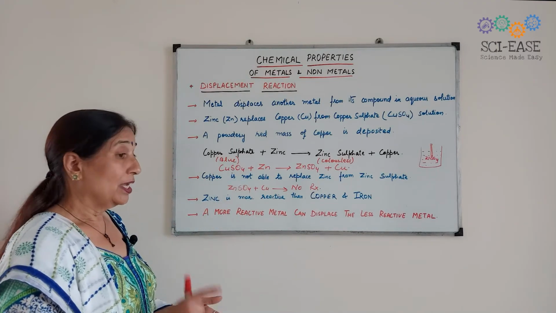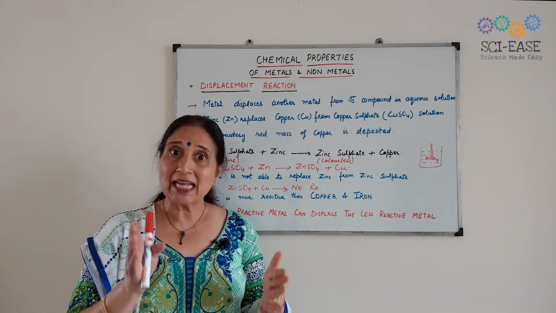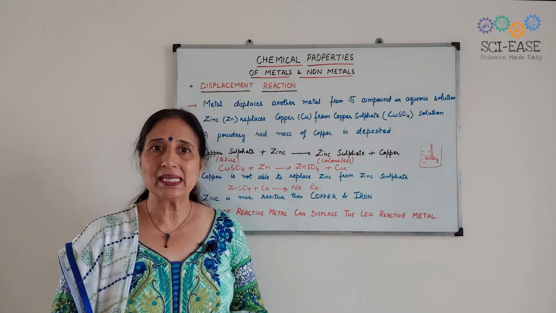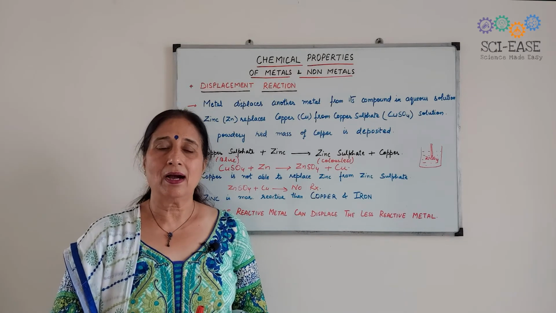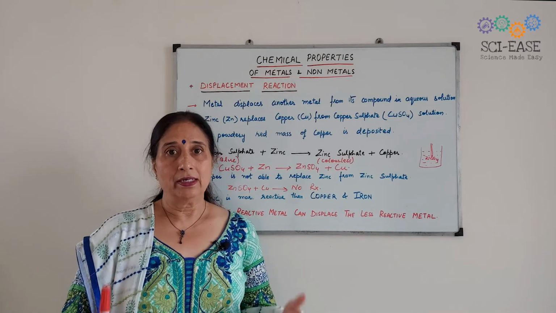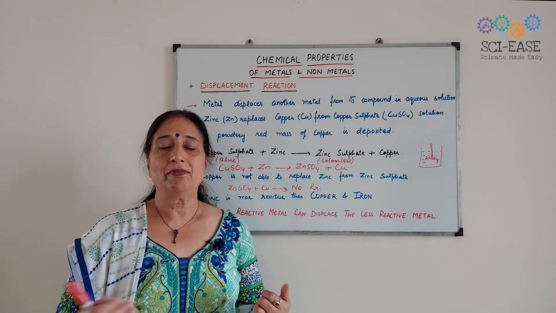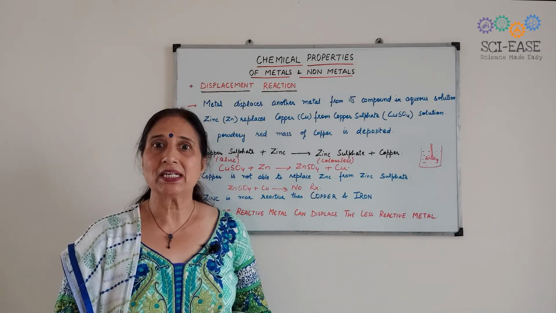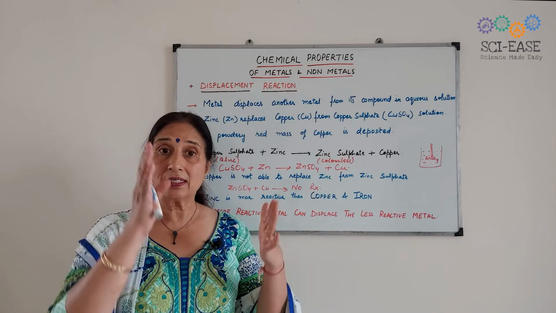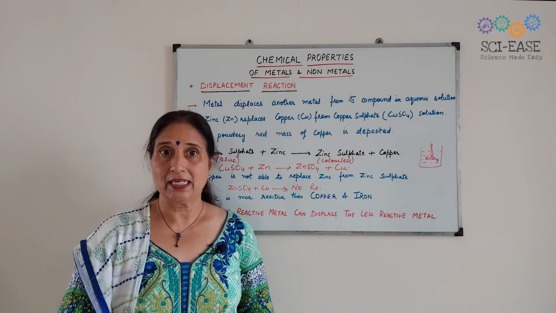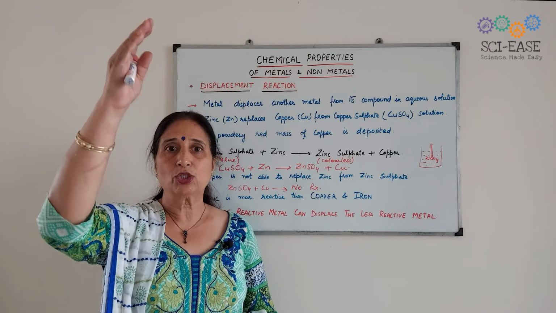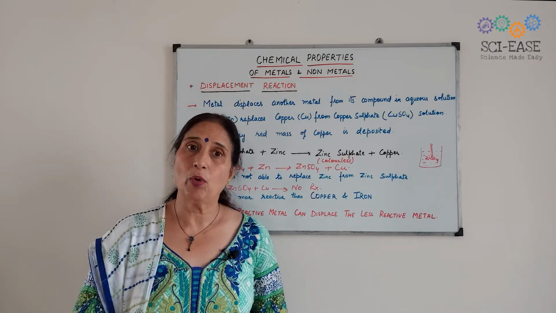So this is, in fact, the activity or reactivity series, which you will study in 10th class in detail. We will tell you what the reactivity series is and how the metals are arranged: more reactive at the top and less reactive at the bottom.